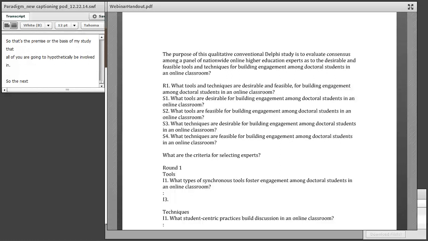So the next methodological consideration that I would have to think about is, what are the criteria for selecting my experts? What qualifies you as an expert? So I might consider the number of years teaching in an online environment. It could be student ratings on an end of course survey at a certain level.